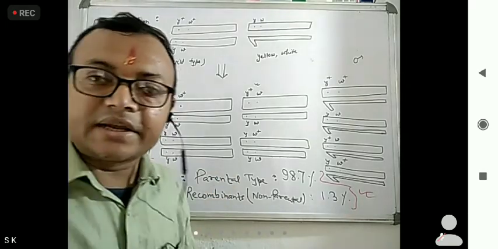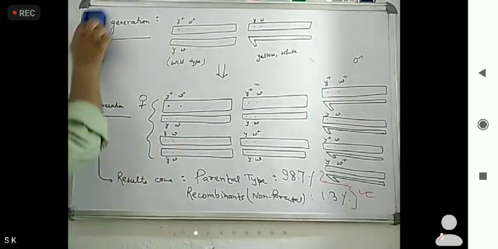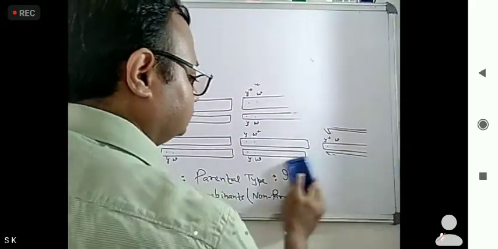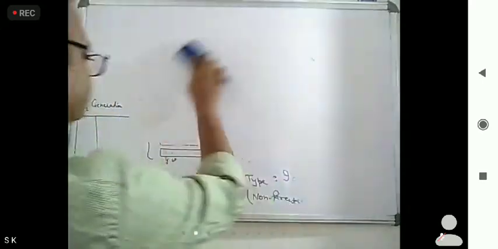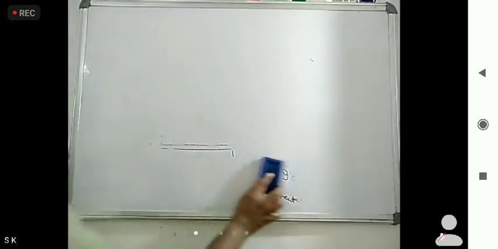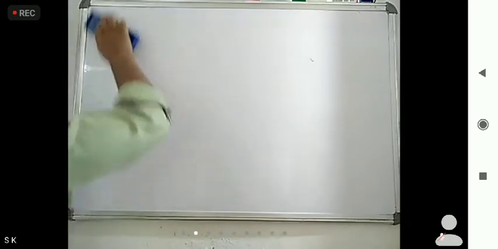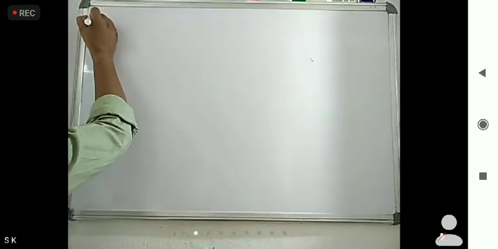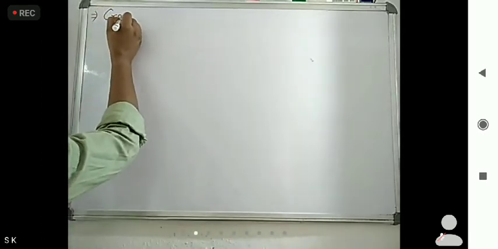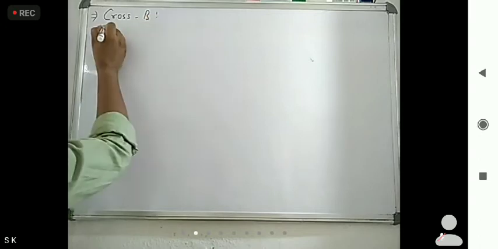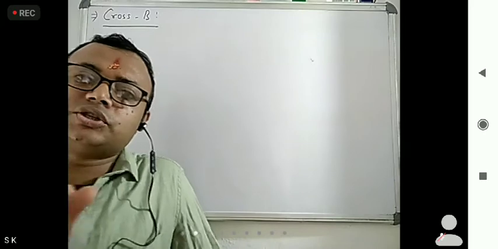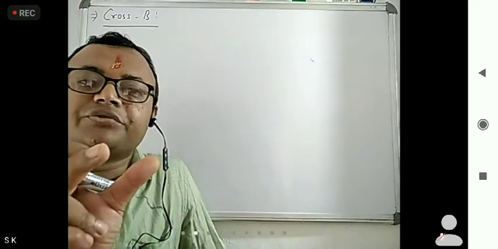That is the second cross Morgan conducted. Here he chose some distance between the linked genes.